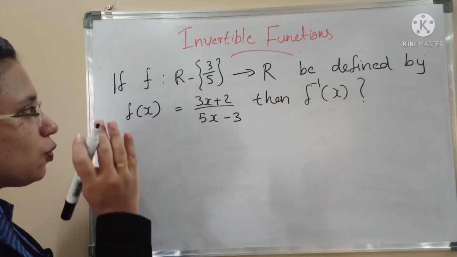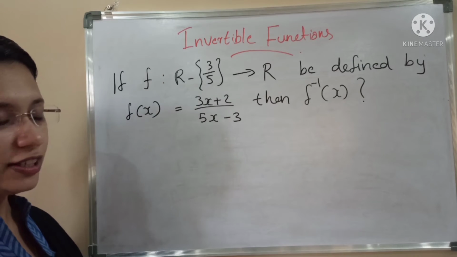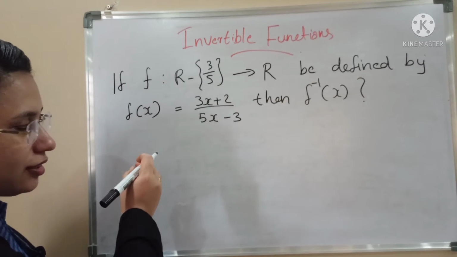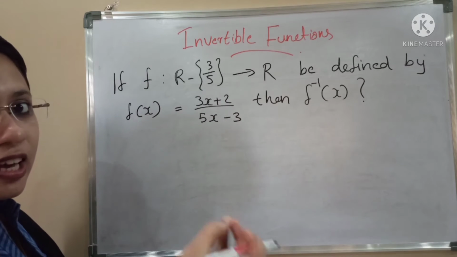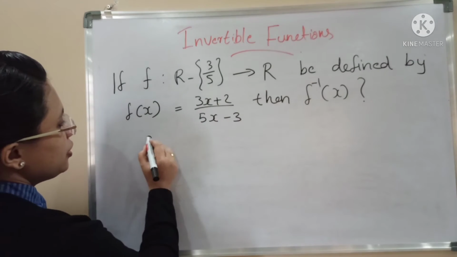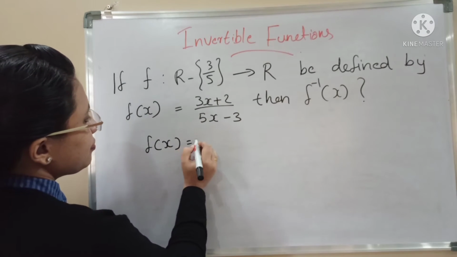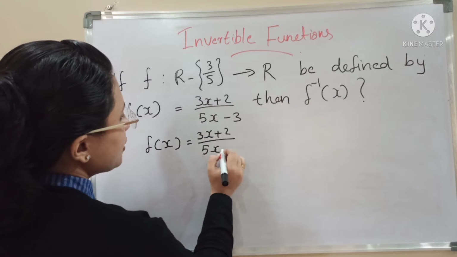Don't worry, just focus on the function given in the question. Our focus is just to convert that function in terms of y, then replace y with x. That's it. So this is the function, 3x plus 2 over 5x minus 3.